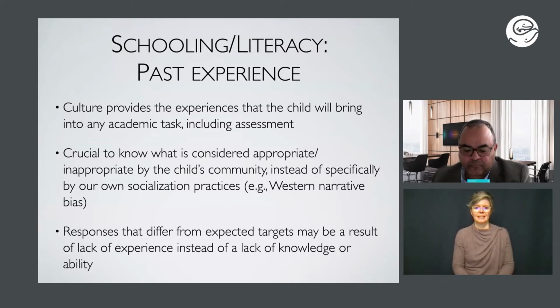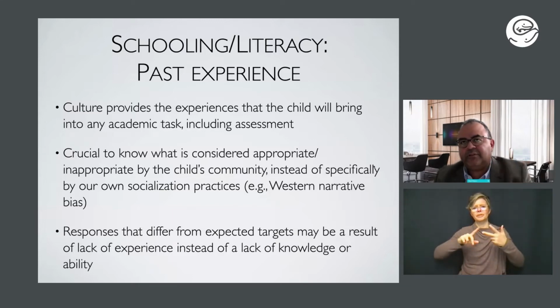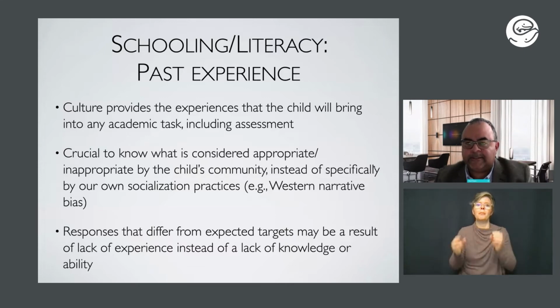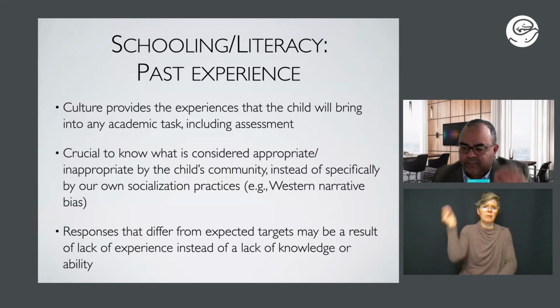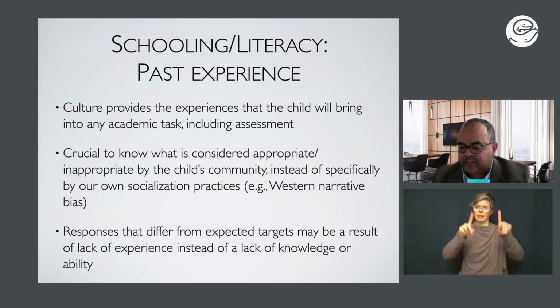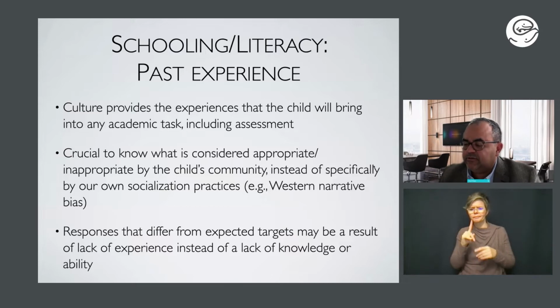And the other piece here is, the more experience you have working with culturally, linguistically diverse populations, the more prepared you are to do this. But a really important thing to keep in mind is that when you're testing a child, especially if it's an initial evaluation, especially if you're getting responses from the kid that seem to be way off, you just have to make sure.